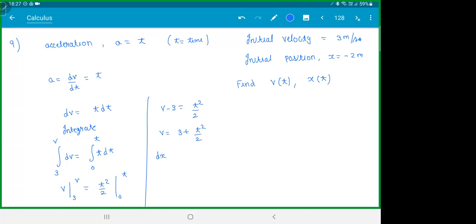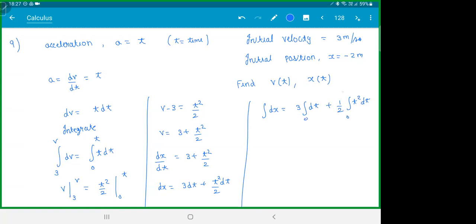Then again integrate this. v is dx by dt, which is 3 plus t square by 2. So dx will be 3 dt plus t square dt by 2. Integrate again. 3 will come out as constant, half will come out, integral t square dt. When time is 0, position is minus 2, it is given. When time is t, it is x. After time t, we don't know where it is, so let that be x.